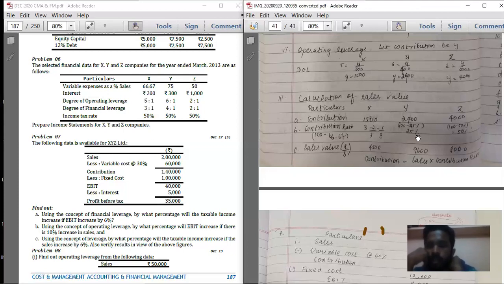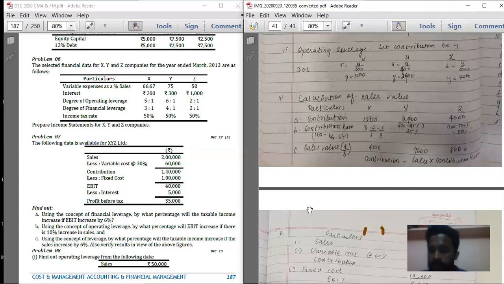So if we divide A divided by B, you will get sales value. So below that, small c, sales value, within bracket A by B. In respect of X, 1500 divided by 1 by 3.